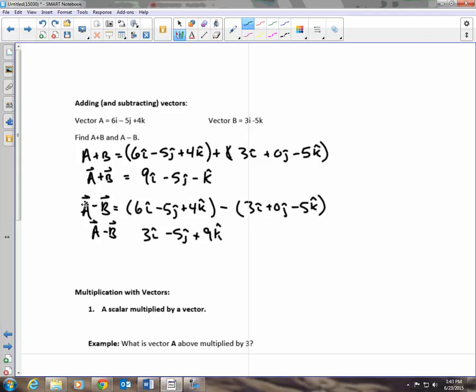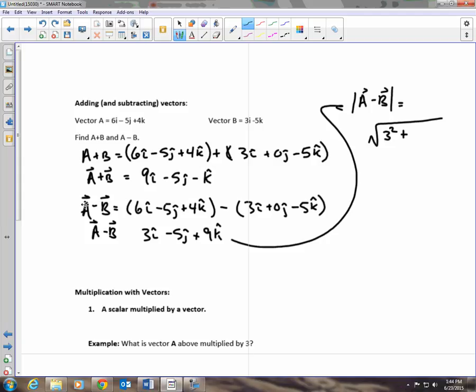Now if I wanted to know the length of A minus B, or the magnitude, I would just do the square root of the x term, 3 squared, plus the y term, which is minus 5 squared, plus the z term, 9 squared.